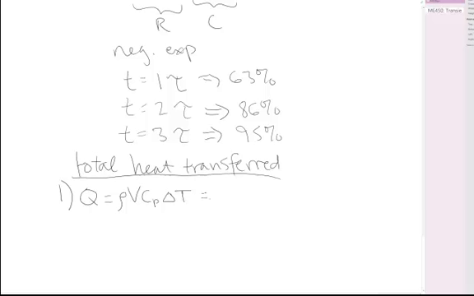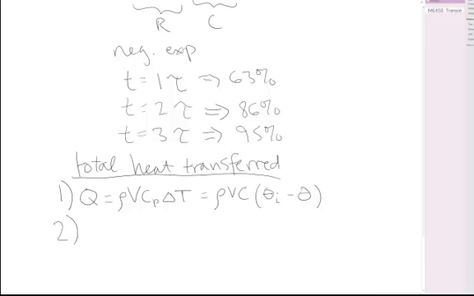And substituting, that's rho VC times the difference between the initial temperature and the final temperature. Okay, so that's going to be the total heat transfer. Notice I use thetas. Since theta is T minus T infinity, then theta I minus theta is the same as Ti minus T. Okay? So, that's one way we can express it.